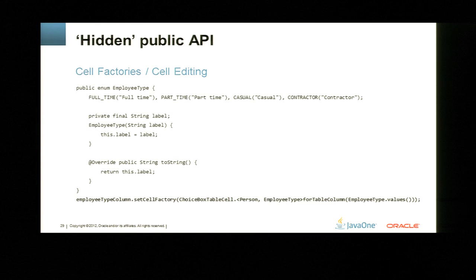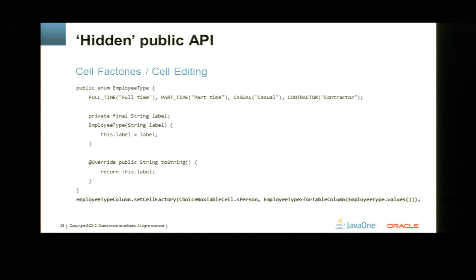And we're saying for the table column, and we pass in the values of the enumeration above, so the employee type values. And because I've created a constructor inside the enumeration, and the toString method has been overridden, when it comes out on screen, basically it's pretty printed. So you can see a nice full time rather than the ugly uppercase full underscore time.